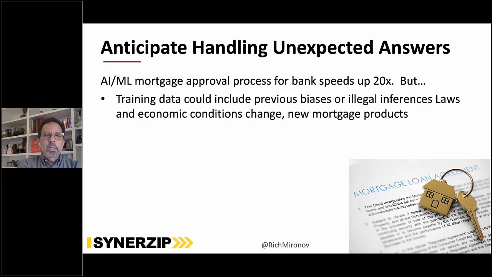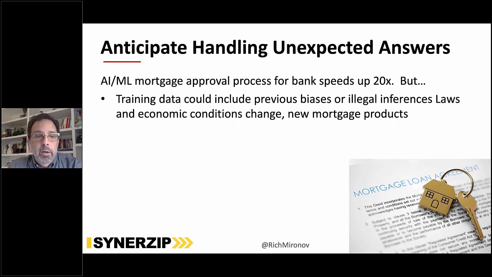So things to worry about. We've been reading a lot lately about training data that includes biases, historical biases, right, or illegal inferences. In the mortgage space, what we might discover is that 50 years worth of redlining, where banks were not making mortgages to certain parts of town where there were poor folks or minorities, or for some other reason they had drawn a red line around that part of town.